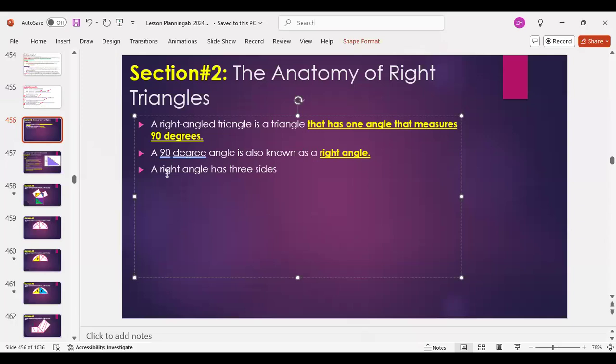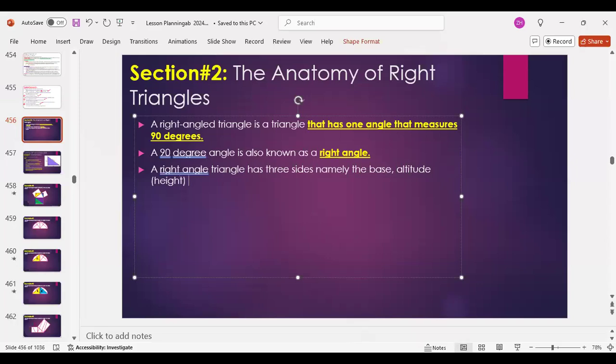What are the sides of a right angle triangle? A right angle triangle has 3 sides, namely the base. What else? The altitude or the height. So write this down for me, please.